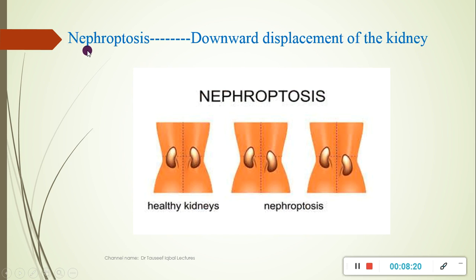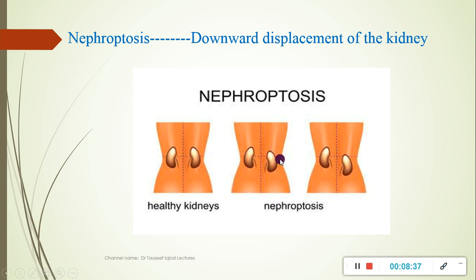Next one is nephroptosis. So downward displacement of the kidney. So this is a healthy kidney, while in this condition, this is nephroptosis.